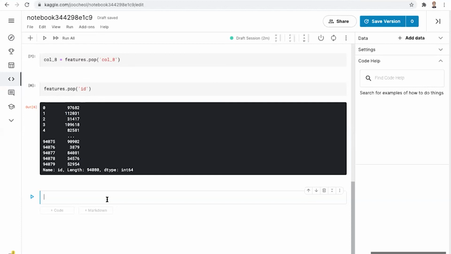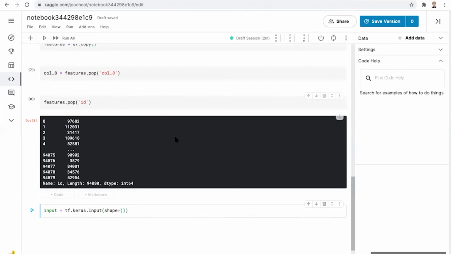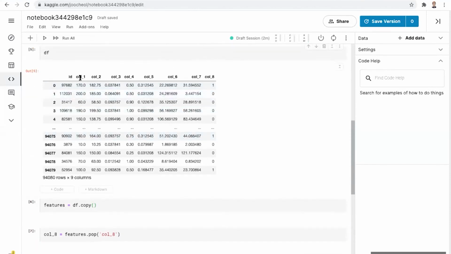In order to do the classification, this time I'm gonna make a model instead of a sequential. So I need to define my input, and my input is tf.keras.Input, and the shape is, in this case, 1, 2, 3, 4, 5, 6, 7.